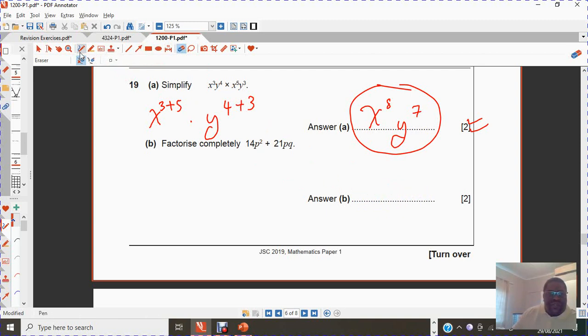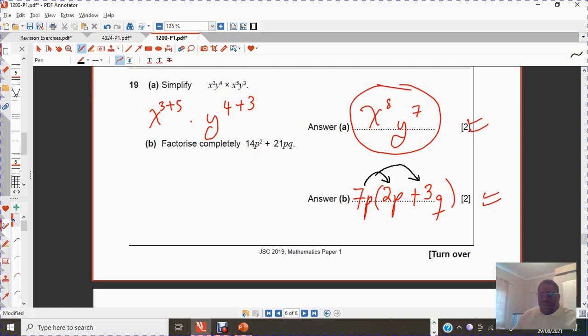Okay, so 7 is the highest common factor. 7 goes in 14, it goes in 21, and p, so 7 goes there, 2p will be left, and 7 and 21 is 3q will be left. All right, so you can check, you multiply back just to make sure that you get the same answers, and you also factorize completely by taking out the highest common factor. So that is what we are looking for.